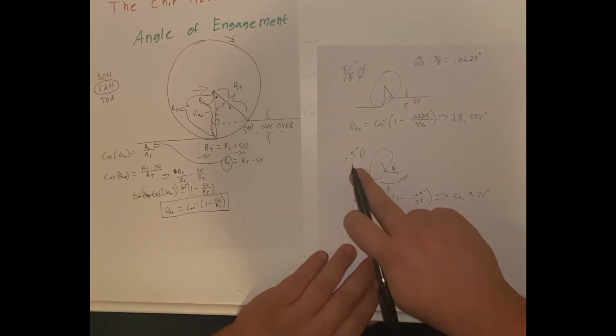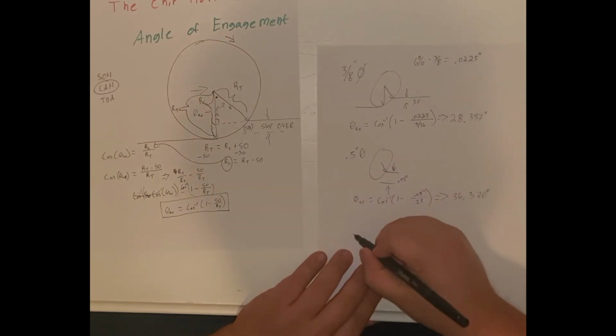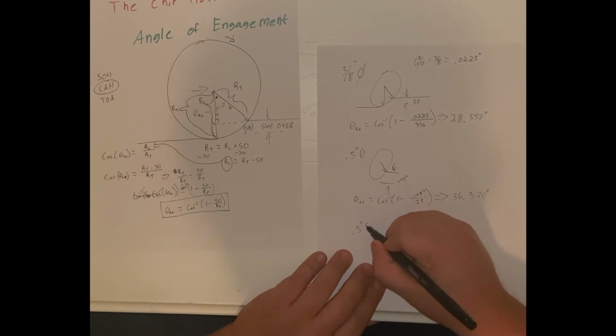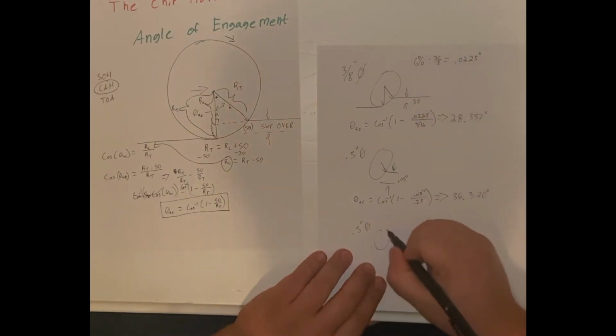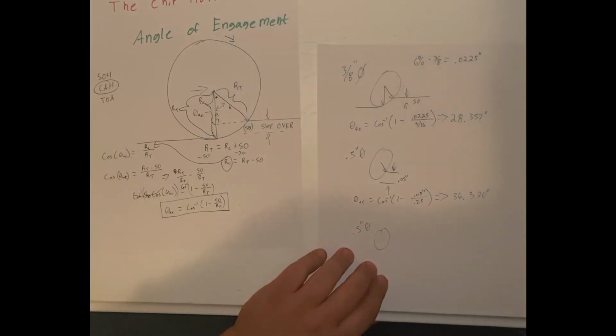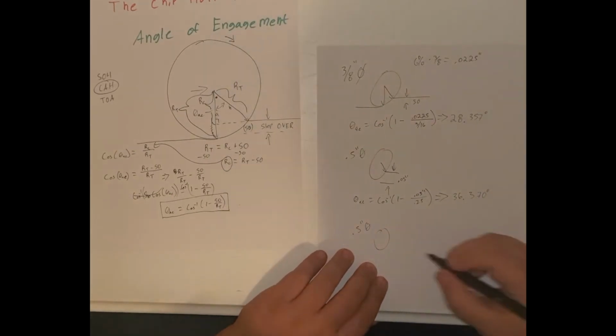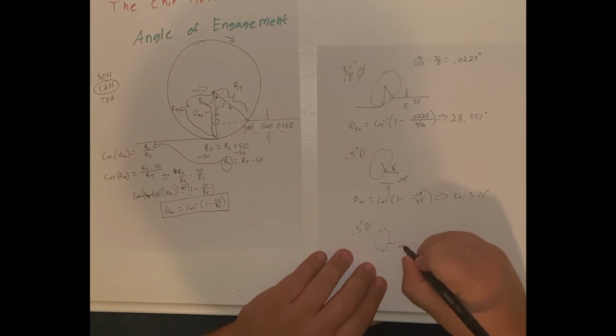Let's show that. So let's use the same tool diameter. So use a 1/2 inch diameter tool. We're going to say 6% of the diameter, so that is a 30 thousandths step over, 0.03.